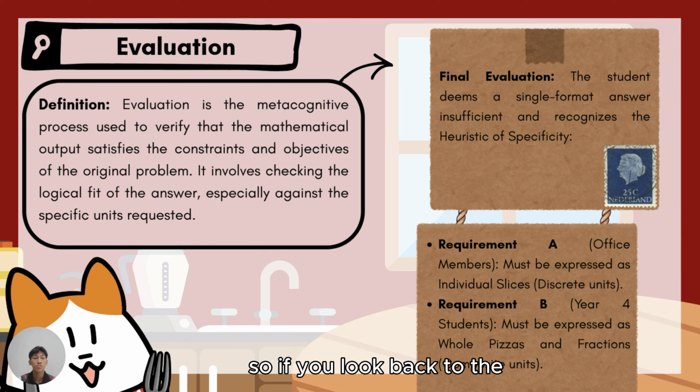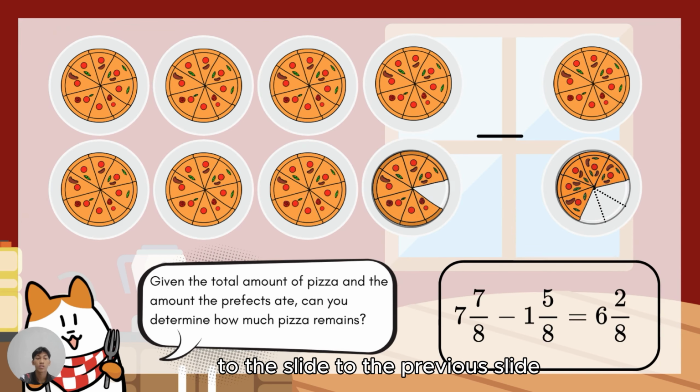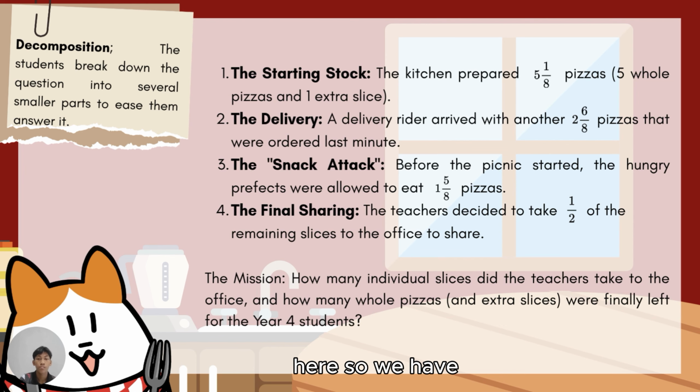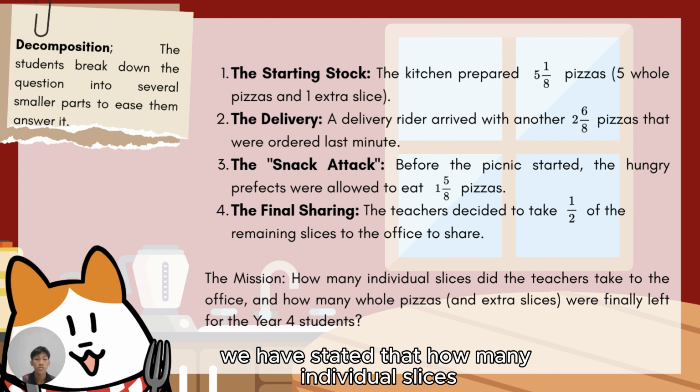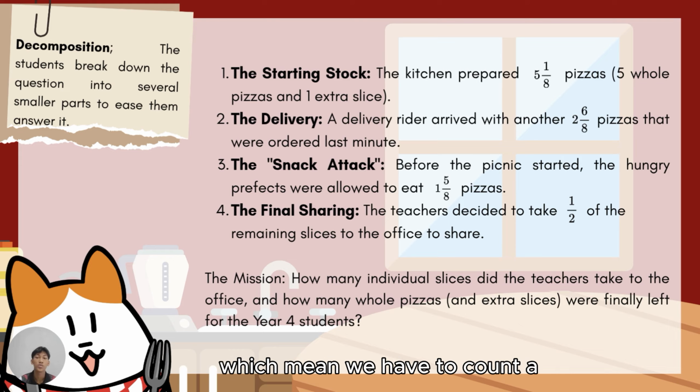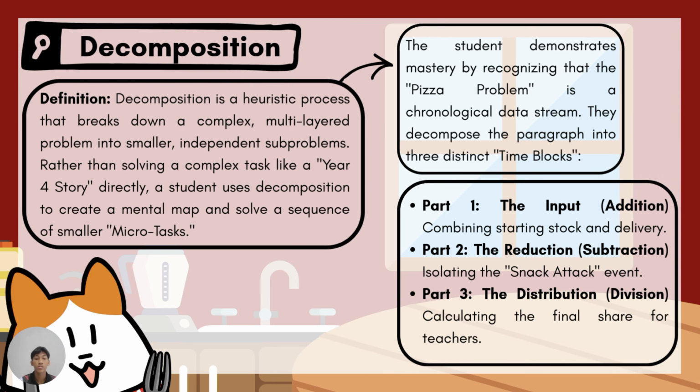If we look back to the previous slide, it states: how many individual slices did the teachers take to the office, which means we have to count individual slices of pizza.